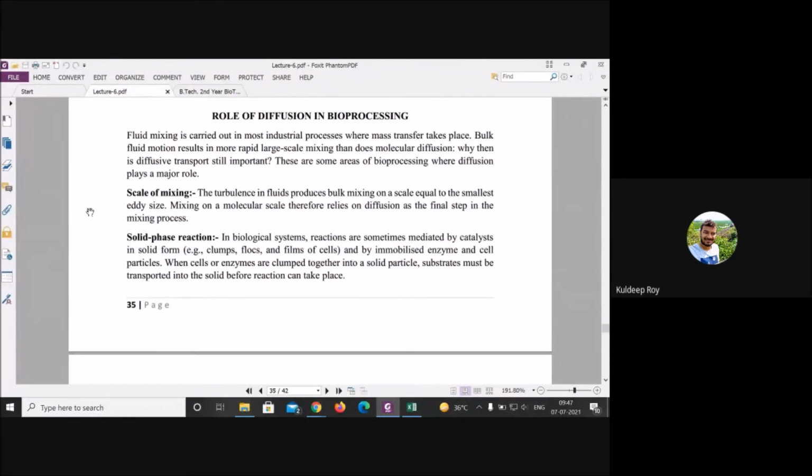The turbulence in the fluid produces bulk mixing on a scale equal to the smallest eddy size. Okay, it is saying that small eddies are produced by your turbulence. Mixing on a molecular scale therefore relies on diffusion as the final step in the mixing process. Means by mixing you are increasing the mass transfer.